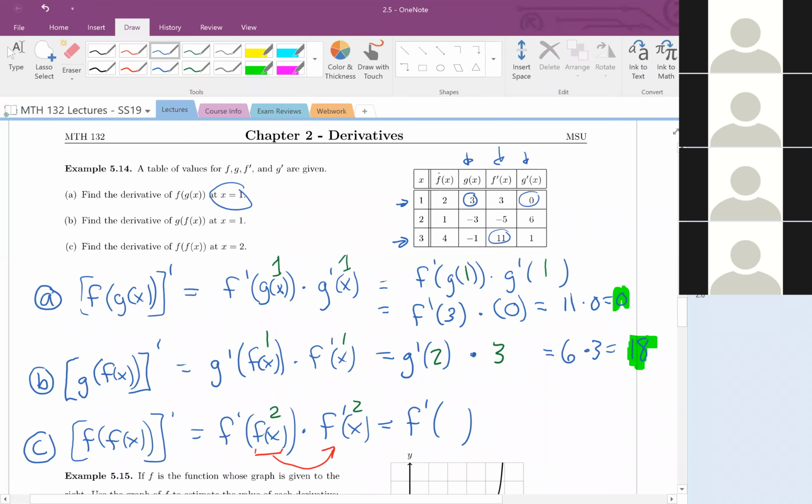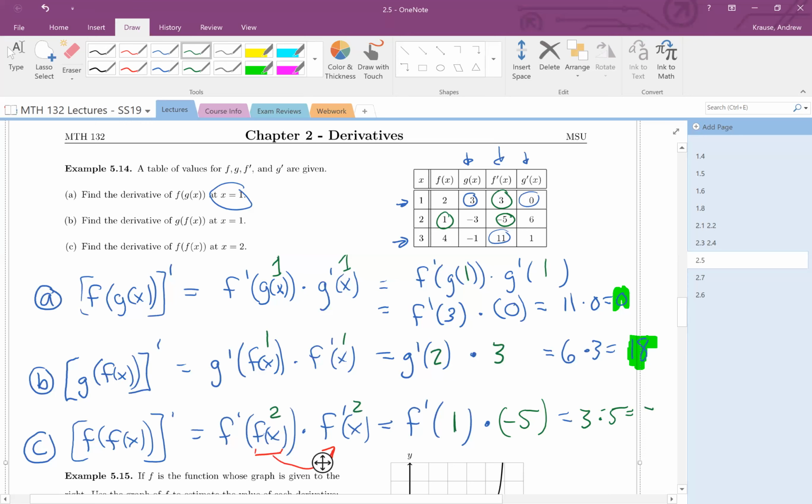When we find f of 2, it is 1. And then f prime of 2 is -5. And then f prime of 1 is 3. So we have 3 times -5, which is -15.